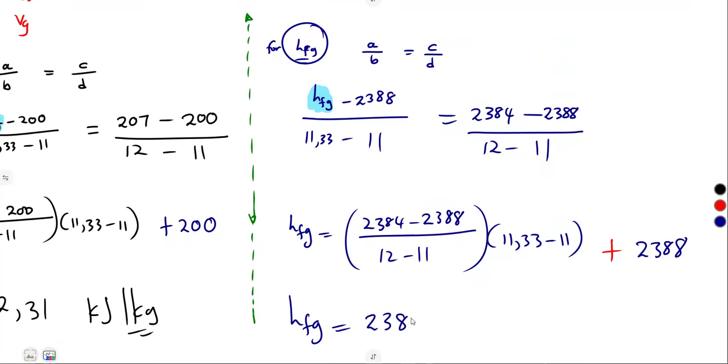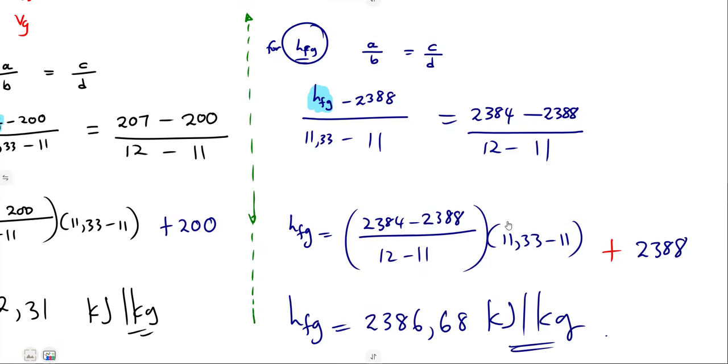So that's 2386.68 kilojoules per kilogram. That's a method that can actually be applied to what we are given. So that is for any value that you are to determine, we can have it in this manner.